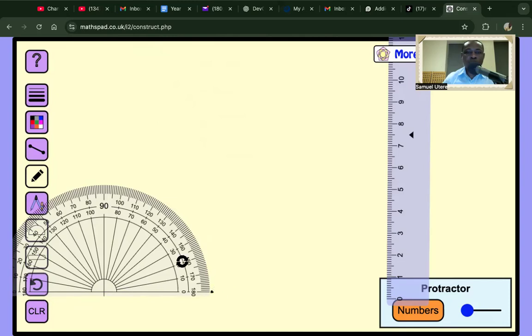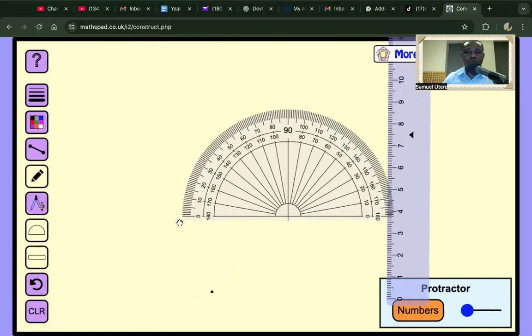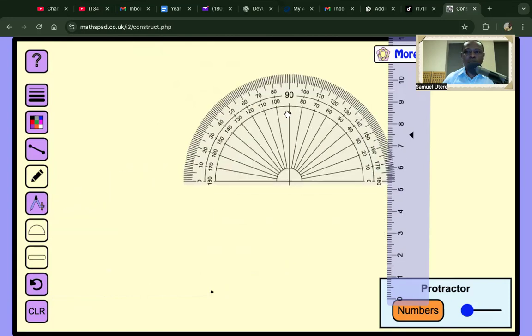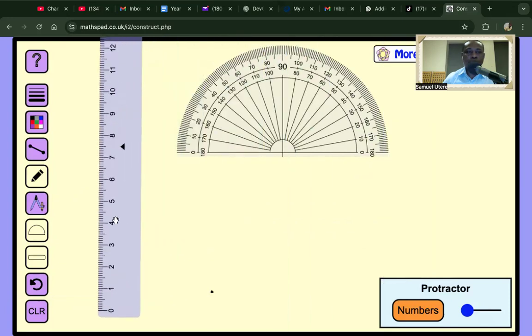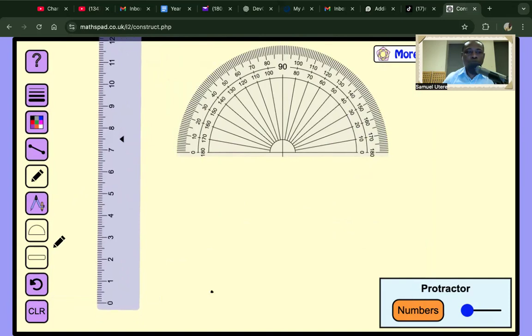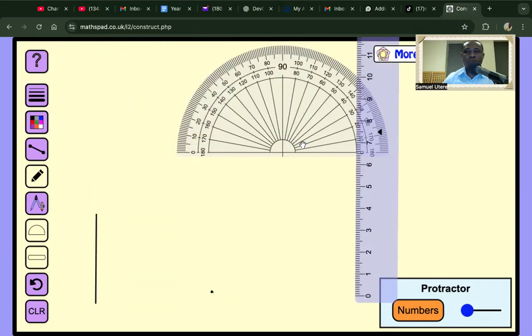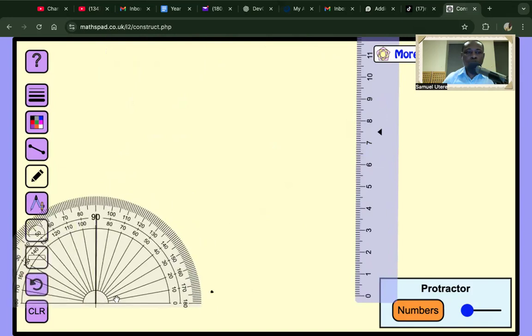And then we'll use our ruler to measure 7 centimeter. Oh, I've cleared that. Sorry about that. So 4 centimeter. So use your ruler, draw your 4 centimeter line. Place the crosshair of your protractor at the end of the line and mark the point where you want to draw.